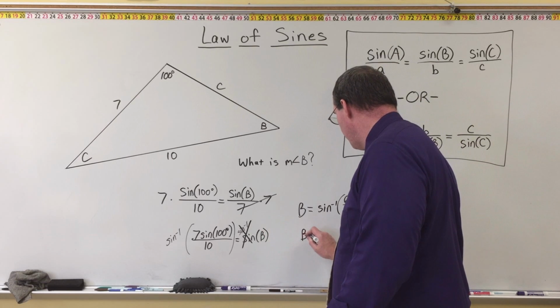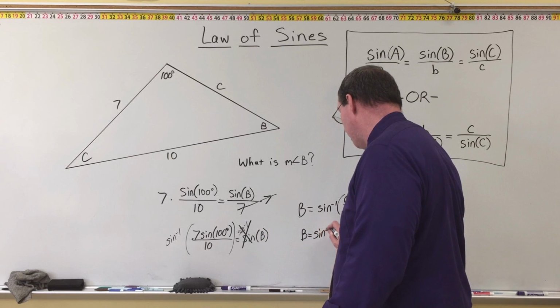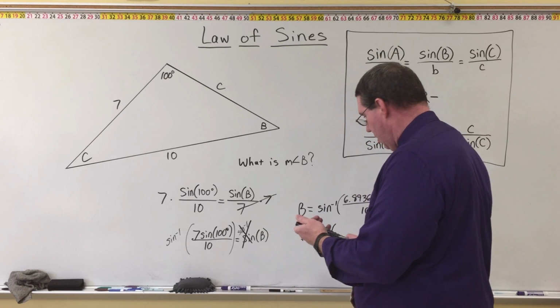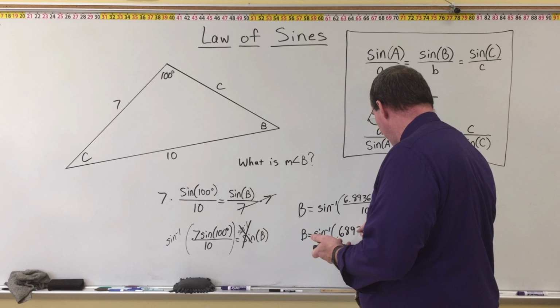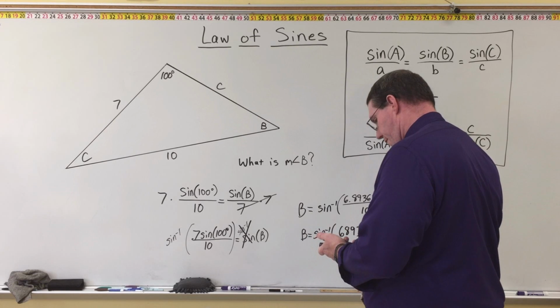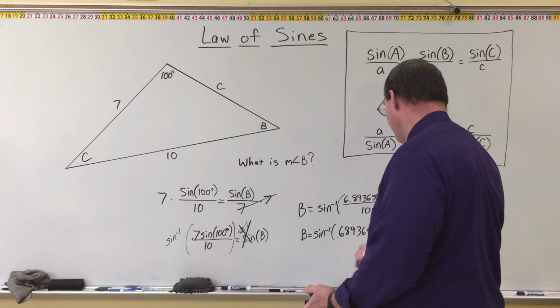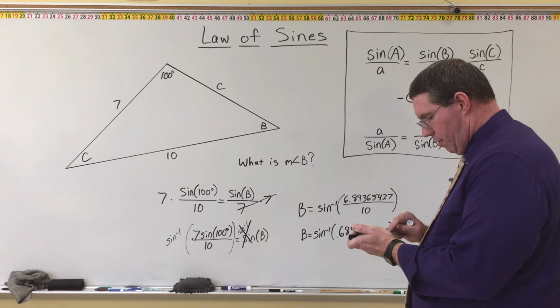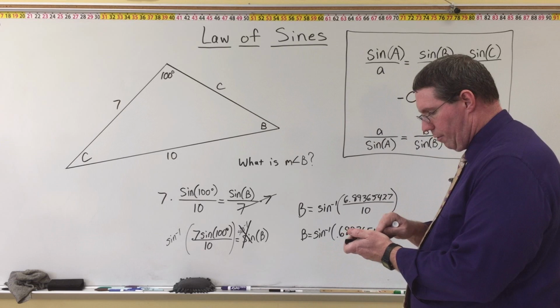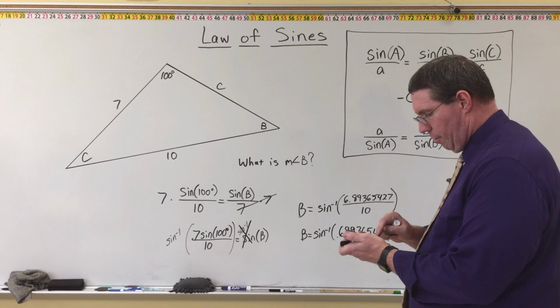So B is going to be equal to sine inverse of 0.689365427, which I'm going to key in the calculator. Now I'm going to key this in, sine inverse, and there's a button on here that says use the last answer, so I'm going to do that.